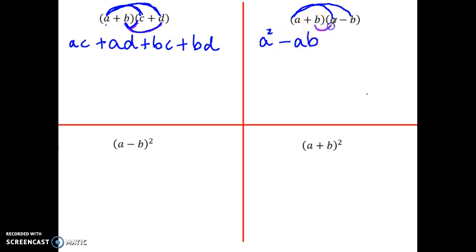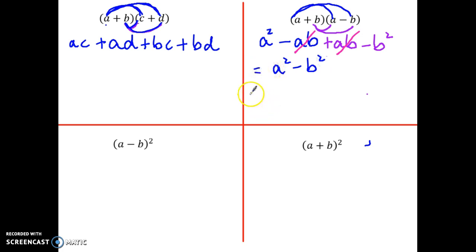Then B times A, and they're both positive, so I've got a positive AB. B times minus B gives me minus B squared. Now what you'll see here is my two middle terms will cancel out. I've got a minus AB and a plus AB. They cancel one another out. I end up with A squared minus B squared as my final result.